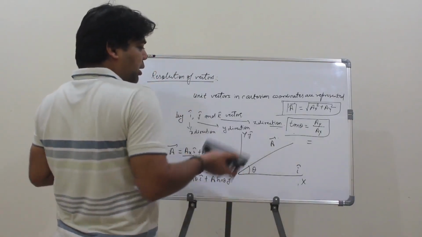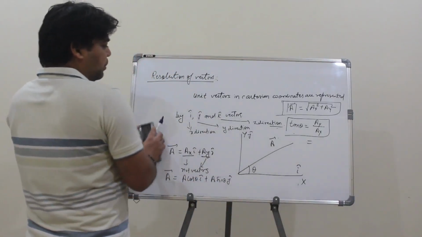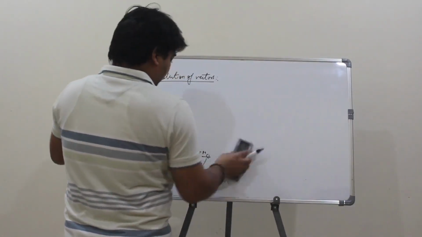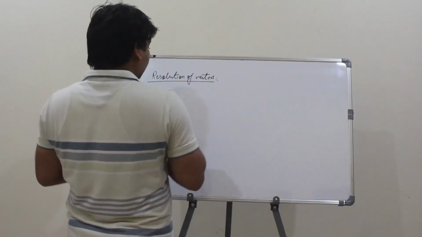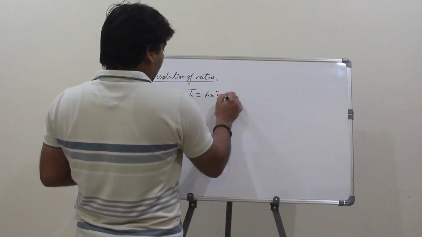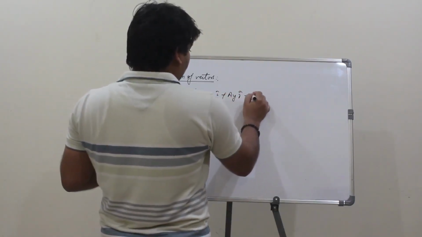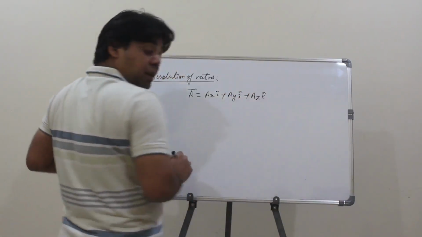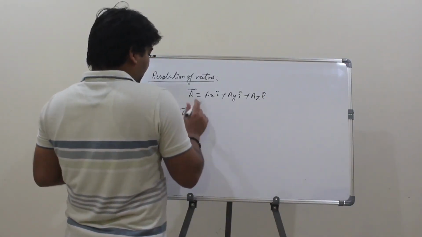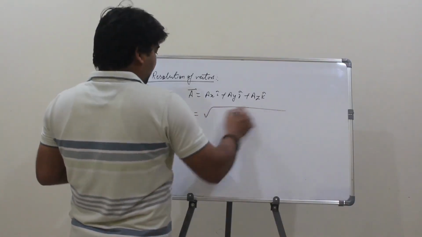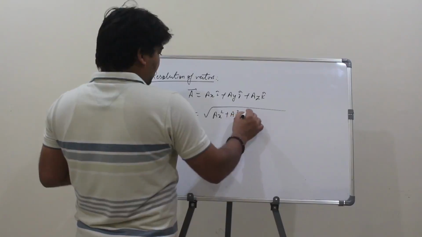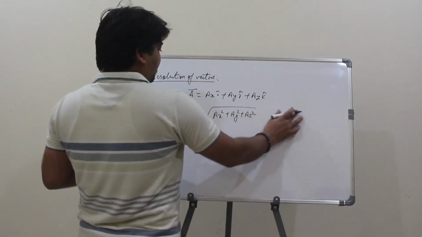Now let us go to 3D. In the 3D case, what will happen? In three dimensions, A will be Ax i cap plus Ay j cap plus Az k cap, right? In this case, if you take the mod of A, it will give you Ax square plus Ay square plus Az square, right?